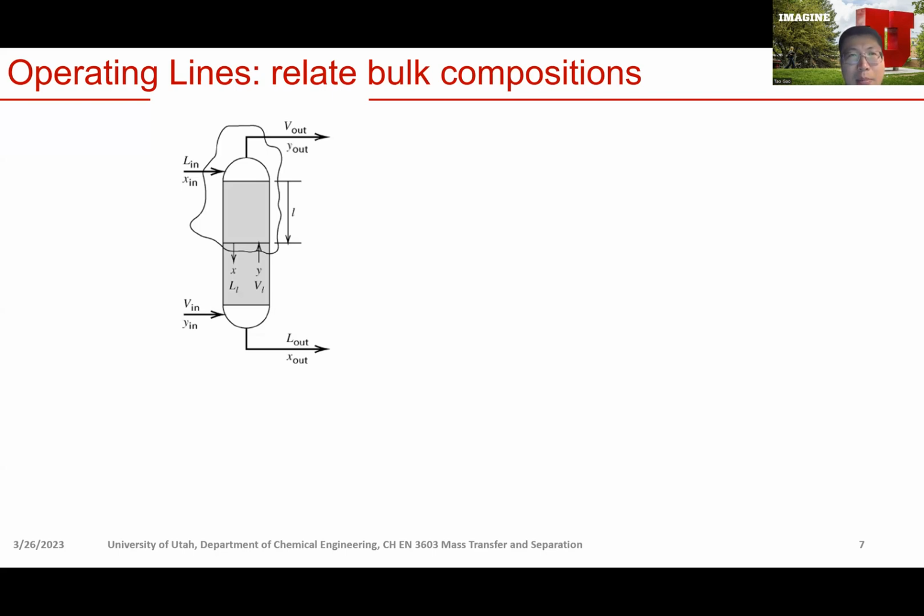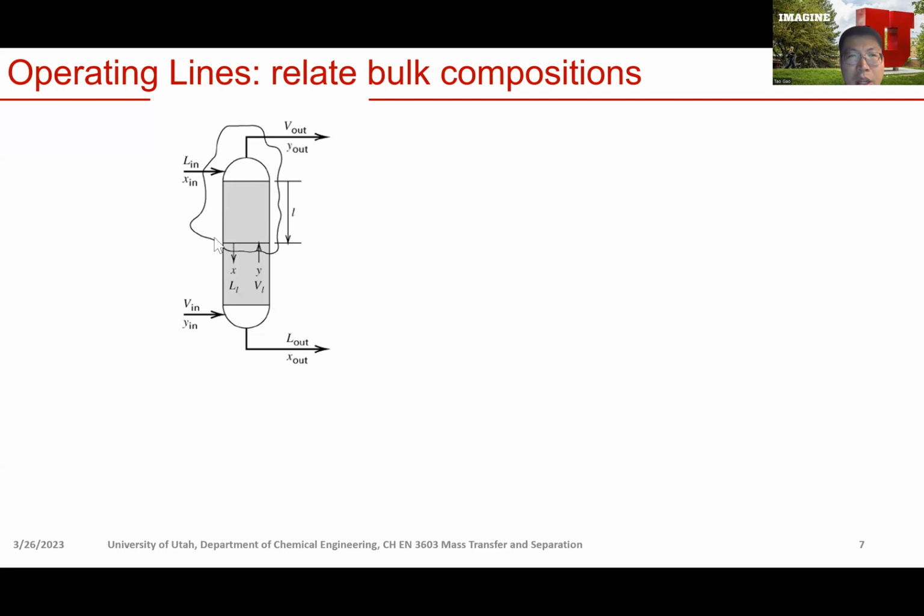And for the bulk compositions, we can basically relate them by looking at the mole balance of the whole system, right? That will give us the operating line. So let's take a look at how we do that. Okay. So here, this is a schematic of an absorption tower, right?